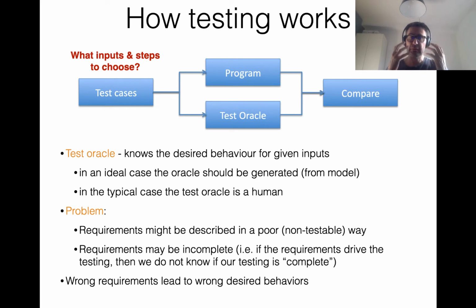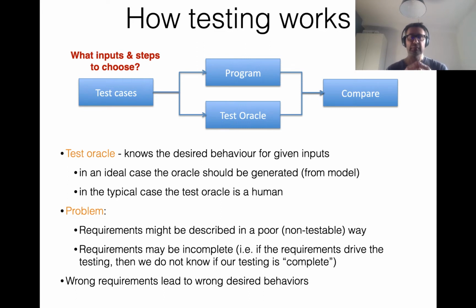And then we have some kind of oracle to guide us in knowing if the actual values we get back, the outputs we get back from the program we are testing, are the correct ones or not. So the test oracle doesn't care about the internals, the code, the structure, anything like that.